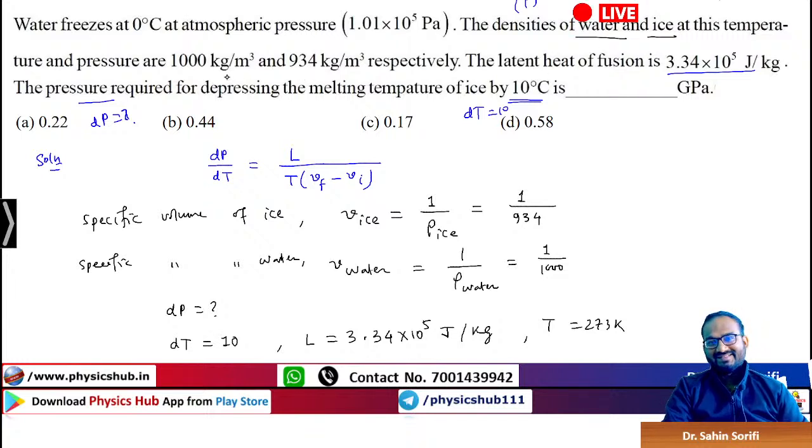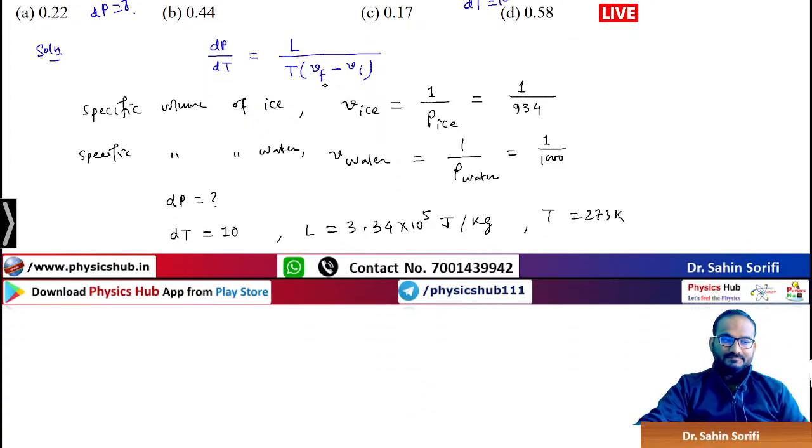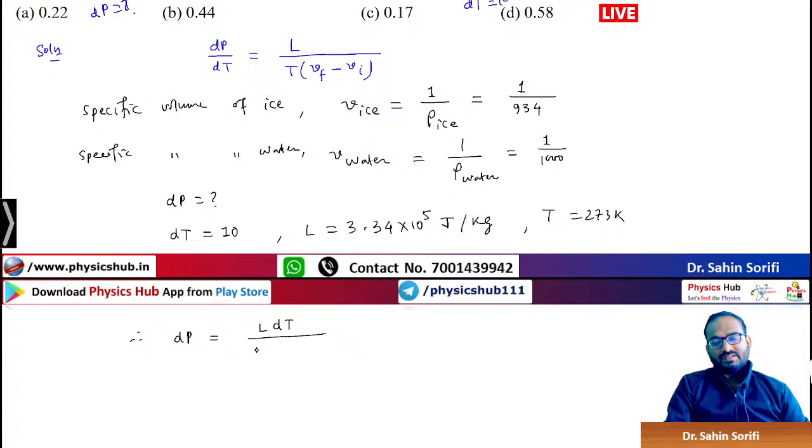Density of water is 1000 kg per meter cube, but density of ice is 934 kg per meter cube. So dP equals L by dT divided by T times (1 by rho ice minus 1 by rho water).